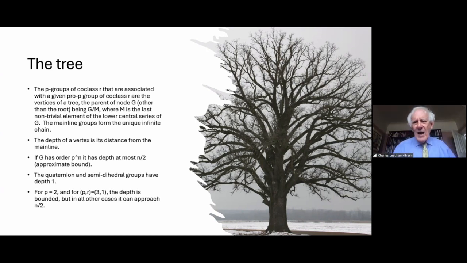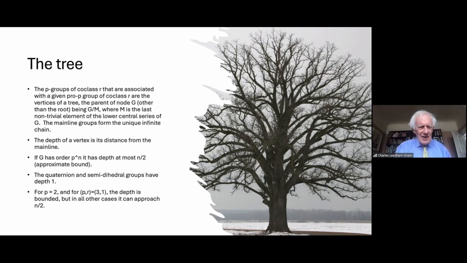That turns these things into a tree. There's a single infinite chain, and the pro-p group that you're interested in is the inverse limit of that infinite chain, and the other groups all come off as branches.